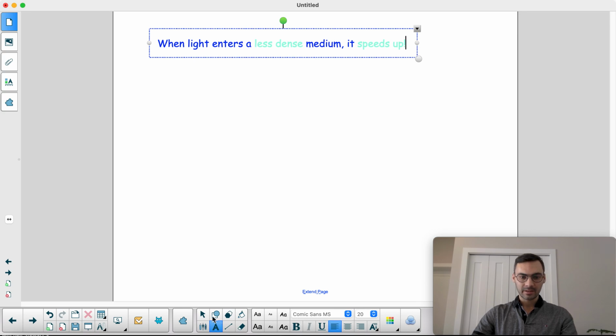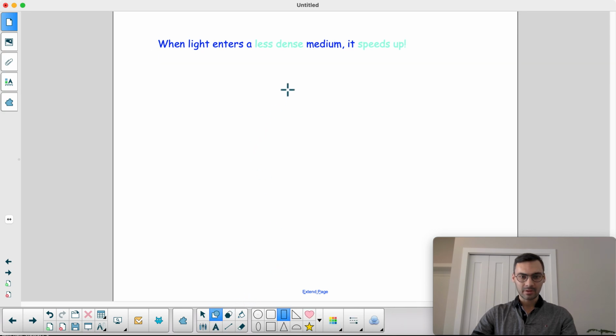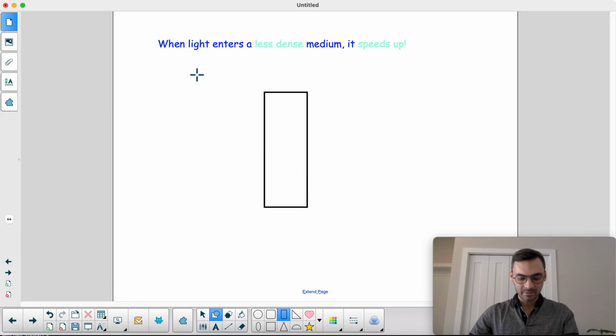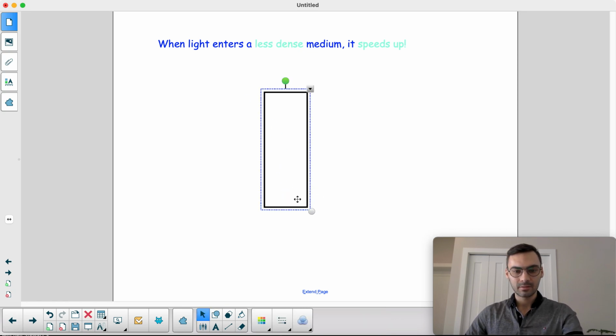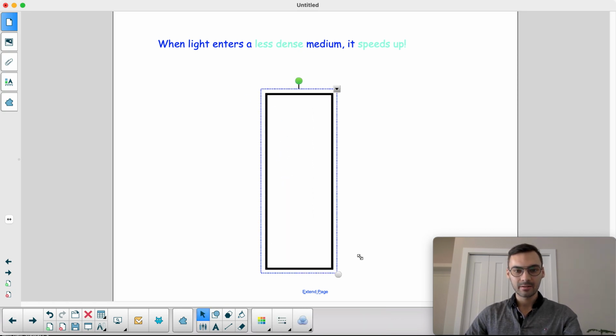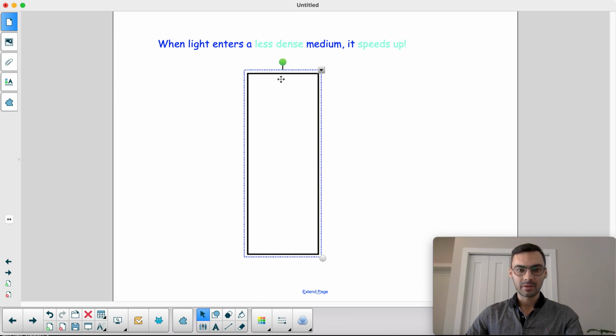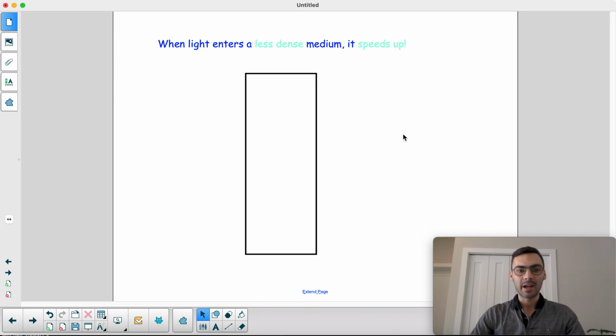So let's get another diagram that we could draw. So we need our object that is going to be passing through. So you can think of this like, instead of light going from air to glass, you can think of it going from inside of glass to the air that is outside.